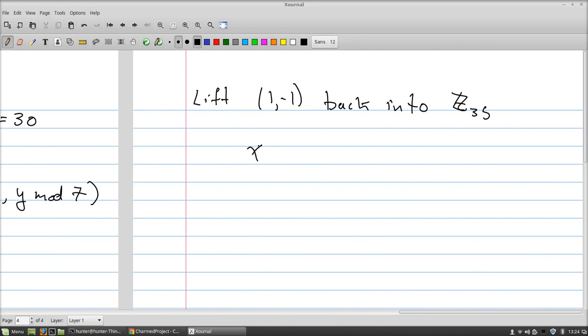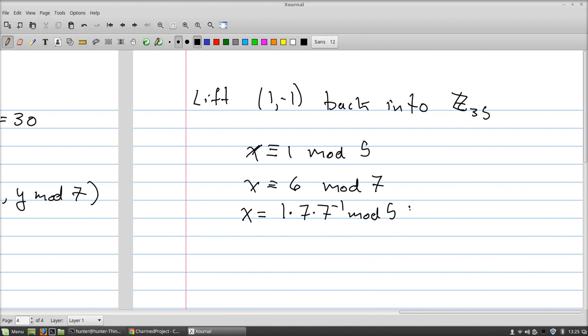I have to solve x is congruent to 1 mod 5, and x is congruent to negative 1 mod 7. Let's just work with 6. Okay, same thing. So x is equal to 1 times 7 times 7 inverse mod 5, plus 6 times 5 times 5 inverse mod 7.